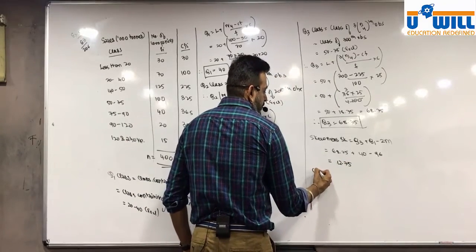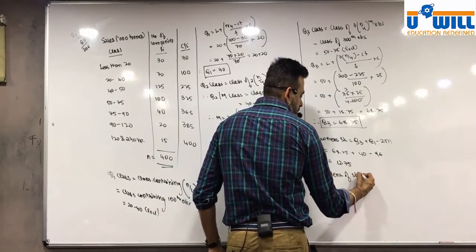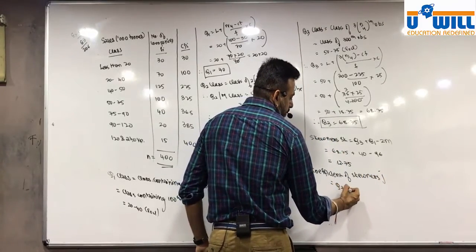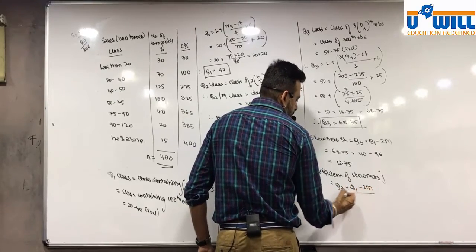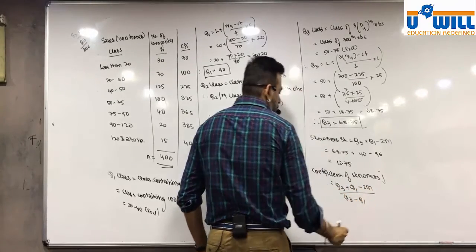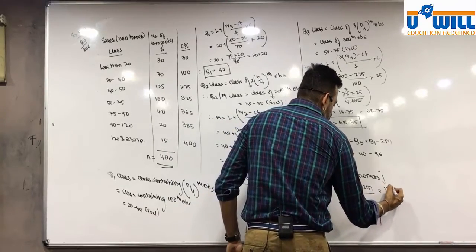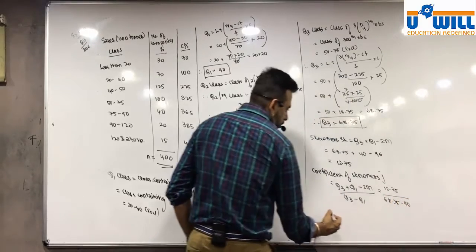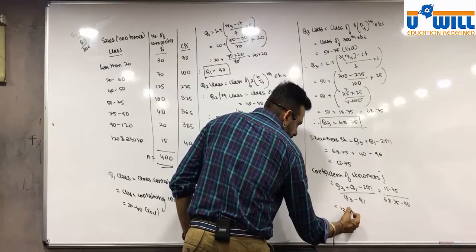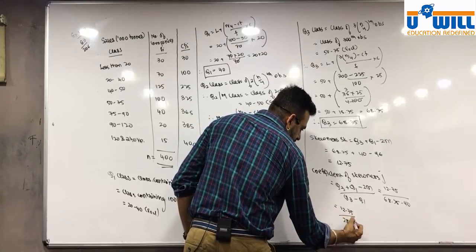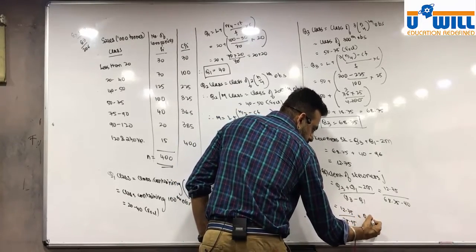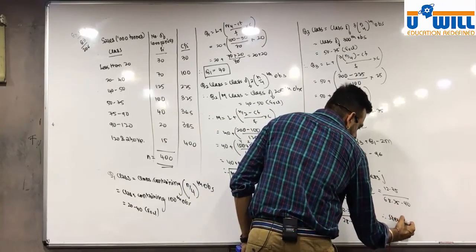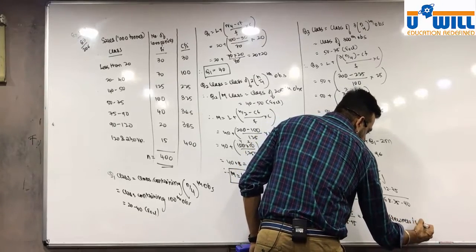Coefficient of skewness J is Q3 plus Q1 minus 2M upon Q3 minus Q1, which is equal to 12.75 upon 68.75 minus 40. 12.75 upon 28.75 is equal to 0.44. Therefore, skewness is positive.